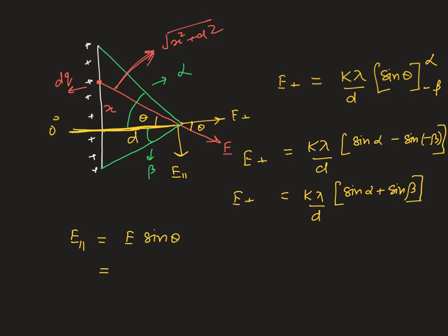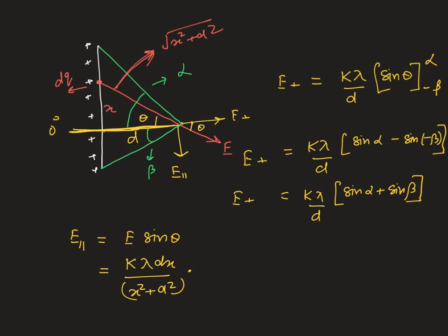This distance was x. And what was E? K lambda dx upon r squared. R squared, that was x squared plus d squared. Now we have to multiply this with sine theta.